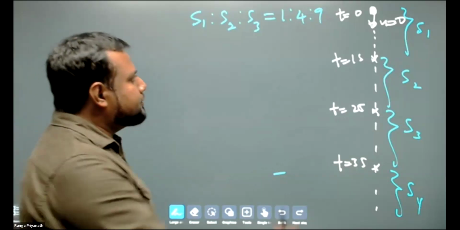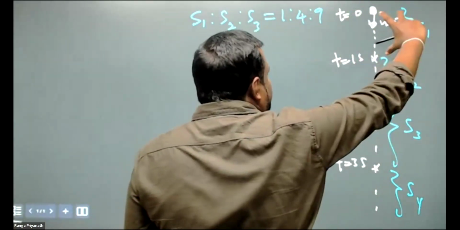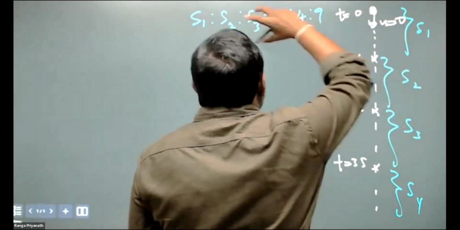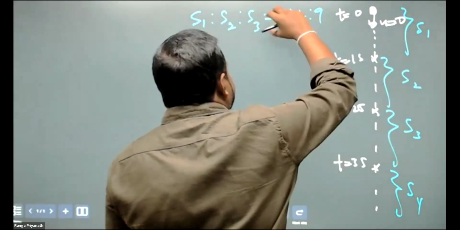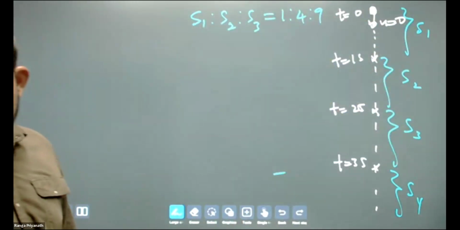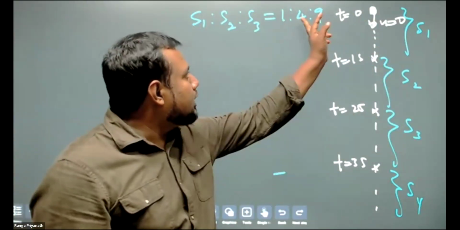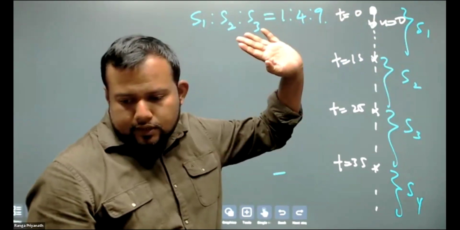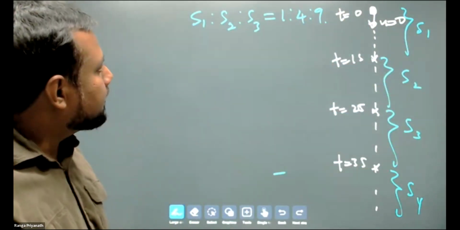If the object starts from rest under gravity, the displacements during the first, second and third seconds are in the ratio 1 to 4 to 9, and the ratio is maintained like that, 1 to 4 to 9 to 16, and so on.